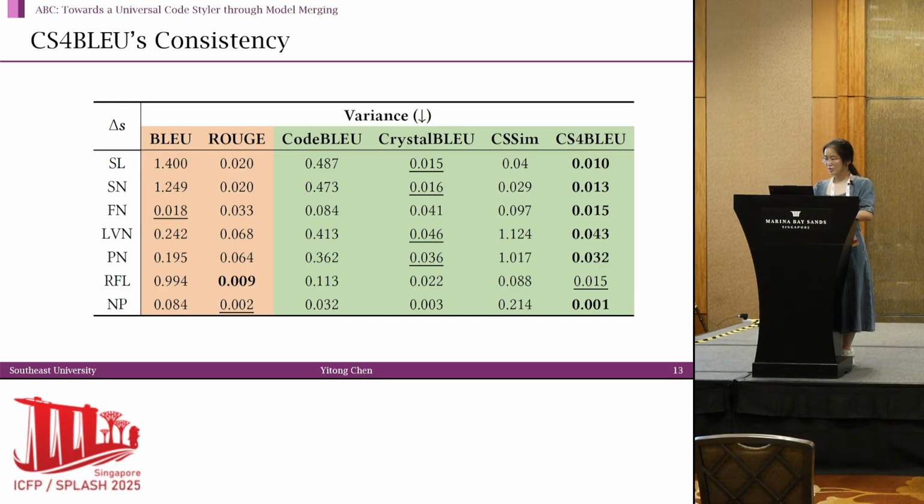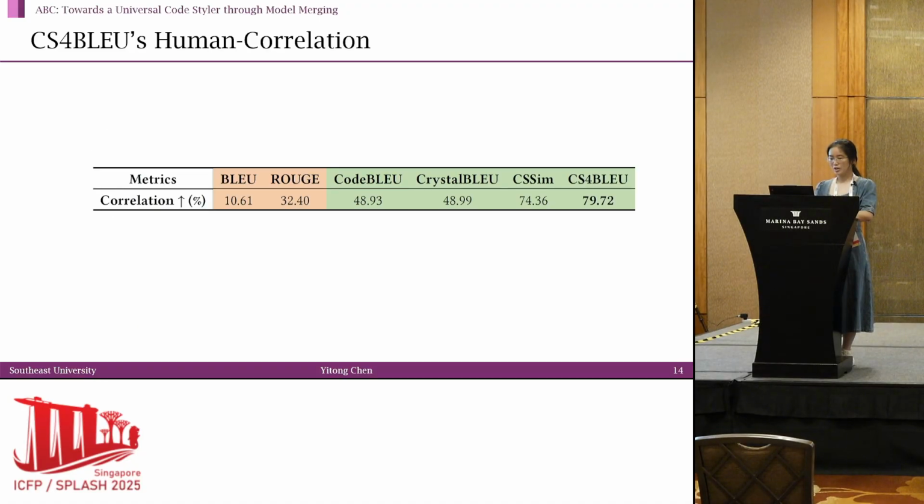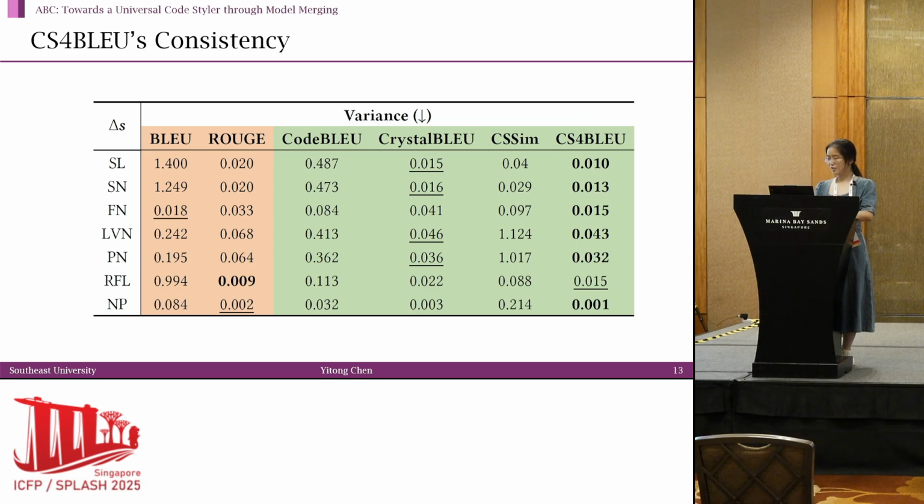Next, we evaluate the consistency of the metric by measuring the variance in the change of metric score. A smaller variance in the metric score change indicates greater consistency.